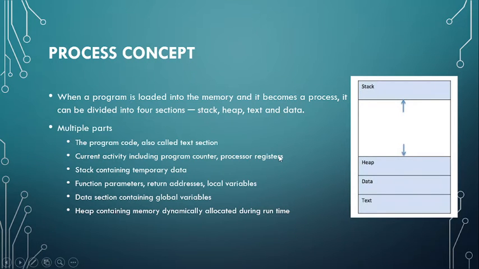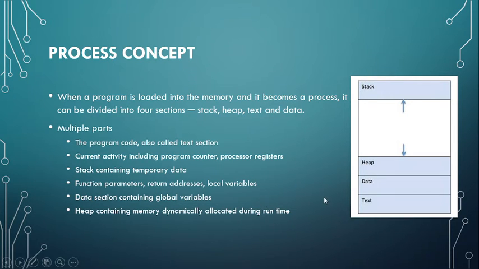And a stack containing temporary data, which stores information like a function call, and it can be retrieved later. Function parameters, return addresses and local variables are stored in the stack.